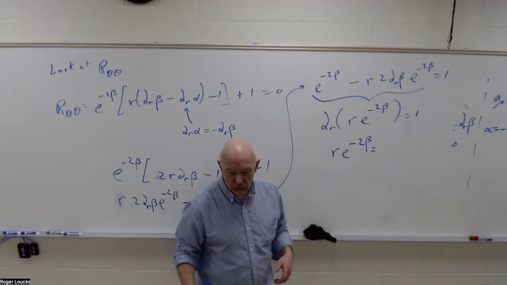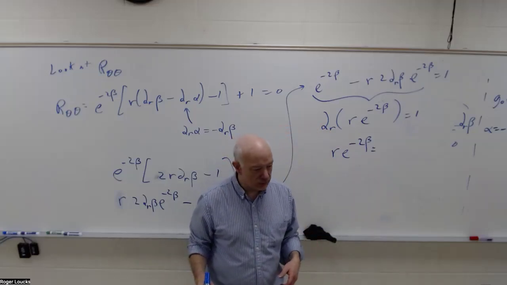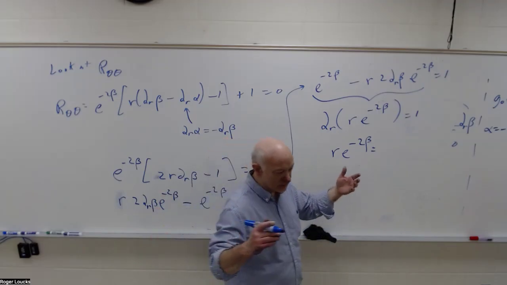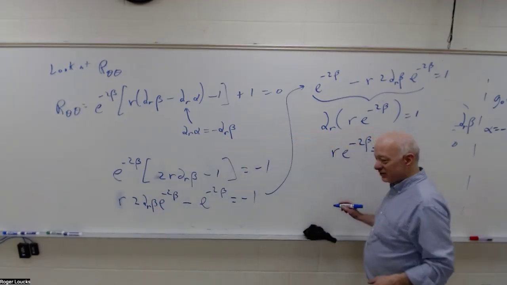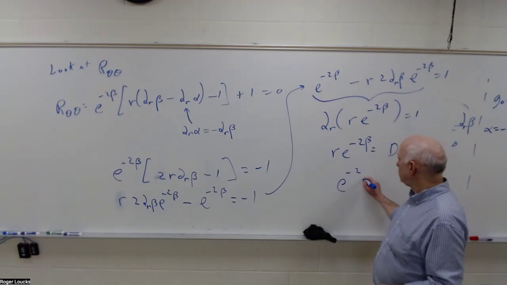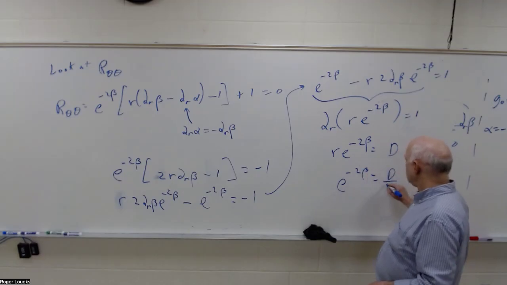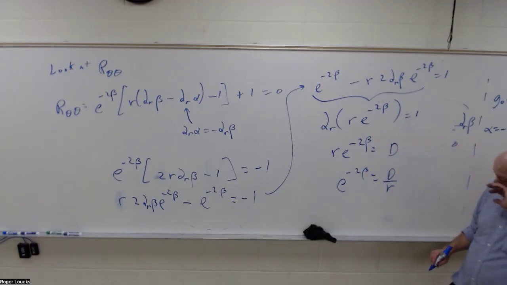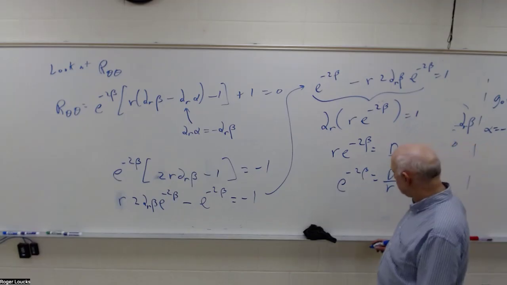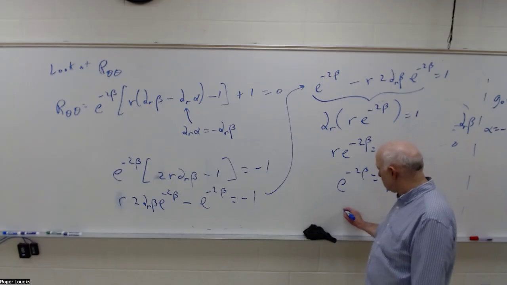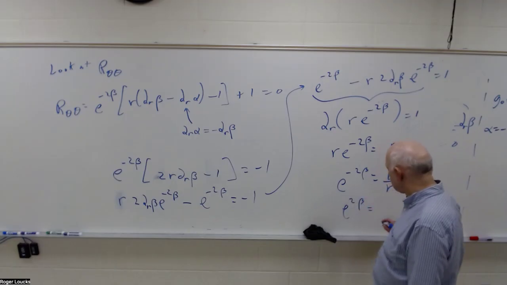Okay, can I use C or should I use that? I can call it D. So my R e to the minus 2 beta is R plus D. Or in other words, what is e to the 2 beta?